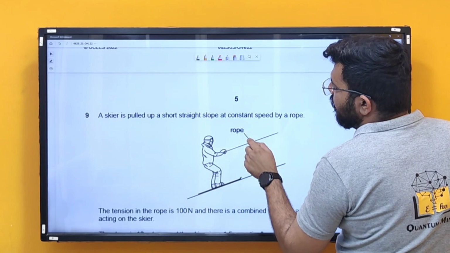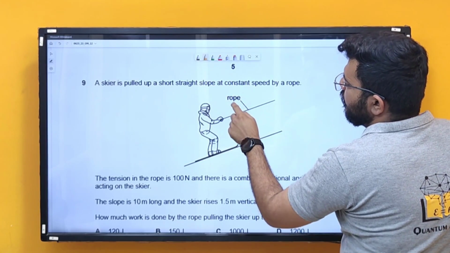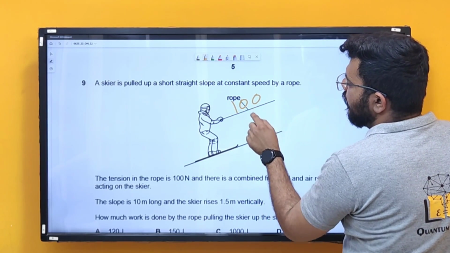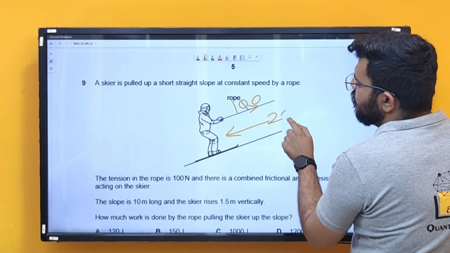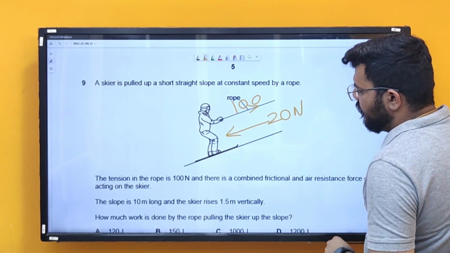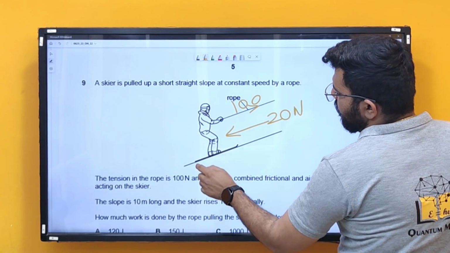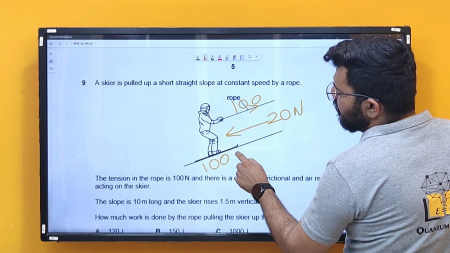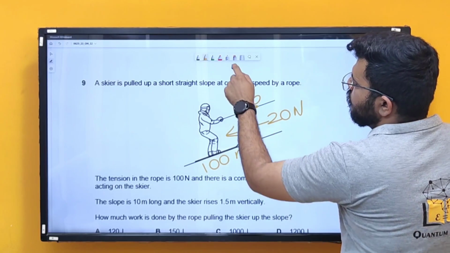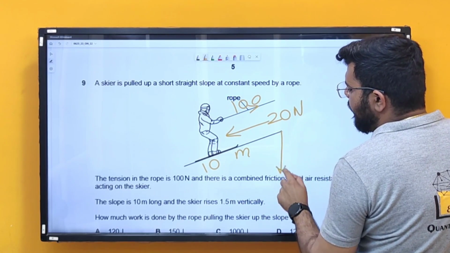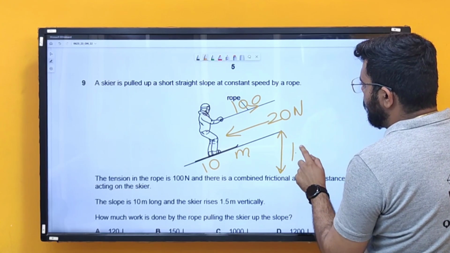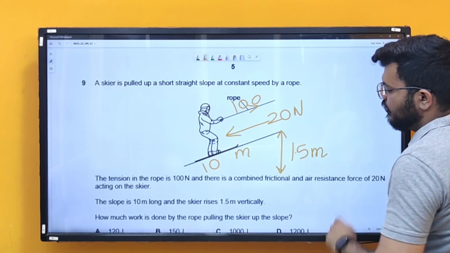So this is 100 Newton, pulling the skier. This force is 80 Newton, that is the frictional force. And this length is just 10 meter, and the vertical rise in height is 1.5 meter.